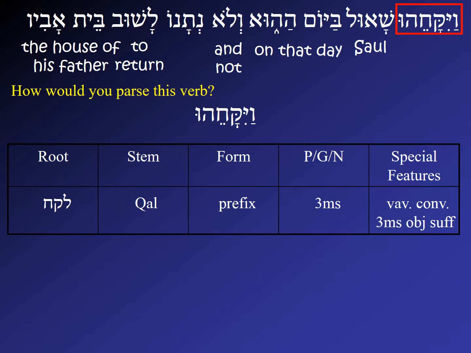The verb itself, then, is simply third masculine singular. So this is kal prefix vav conversive, third masculine singular of lakach, plus a third masculine singular object suffix. And it means, and he took him. So here we have the object, hu, meaning him, attached directly to the verb. We've seen this already in some of our translations.